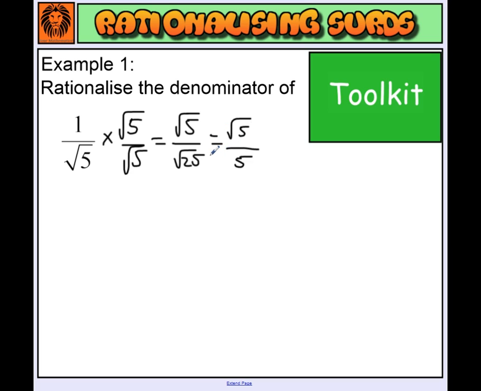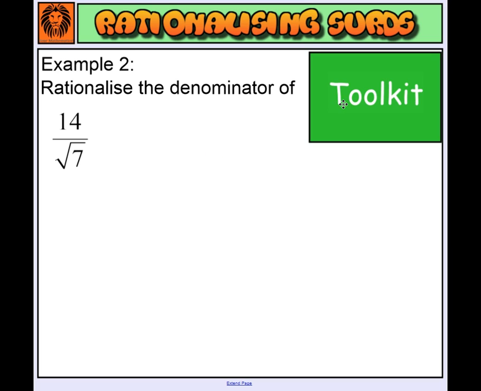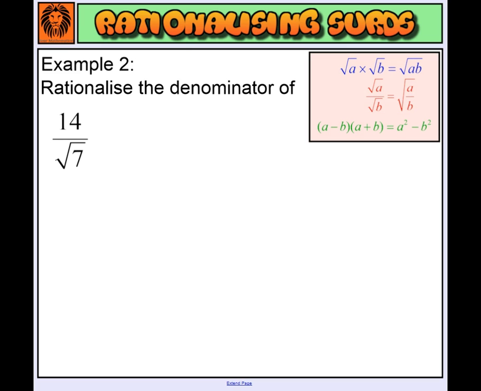so we have our answer of root 5 over 5, and the denominator is now rationalised. Example 2 works in the same way, so we have 14 over root 7. We're going to multiply the numerator and denominator by root 7. The numerator gives us 14 root 7, and the denominator gives us root 49.